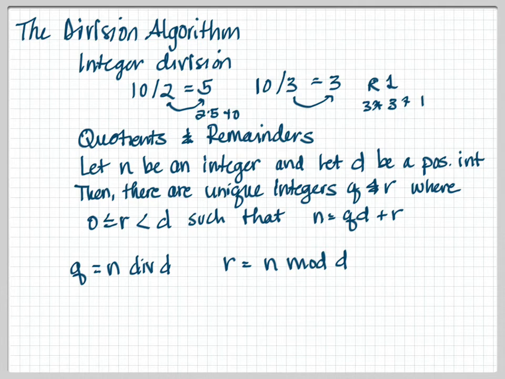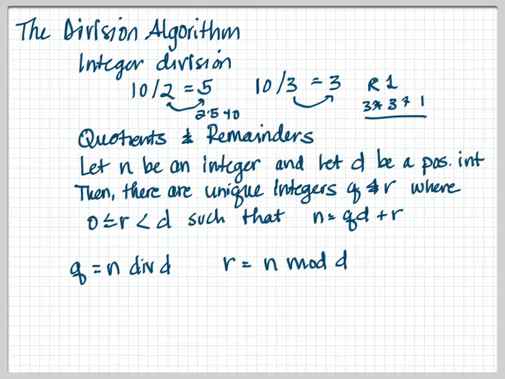That really comes into play when we're dealing with negative numbers, and we'll see that when we do some examples. In the first case, d would have been 2, so the remainder could be either 0 or 1. And the second part is that n is equal to q times d plus r, which is what I showed you here.